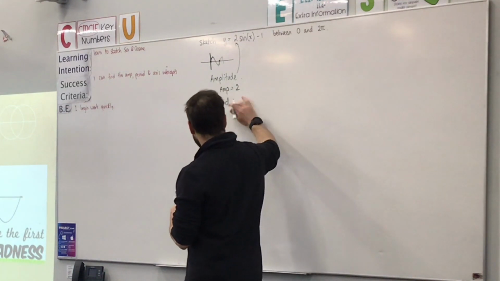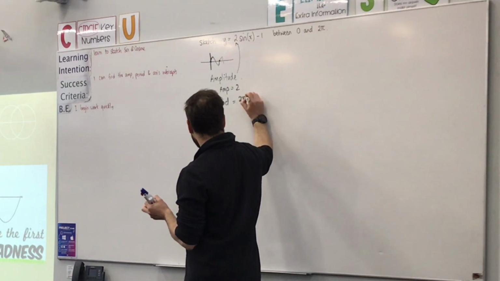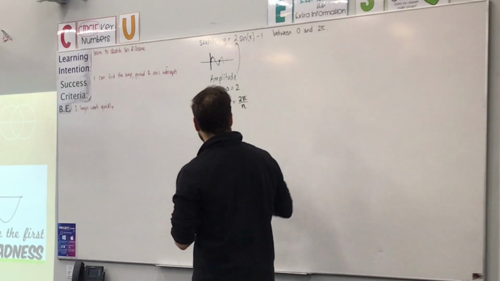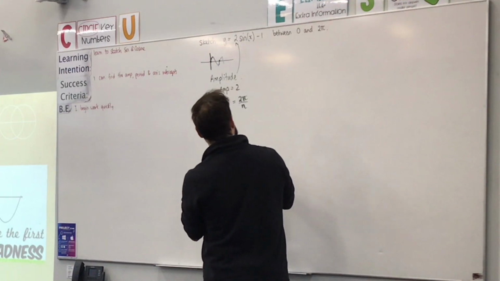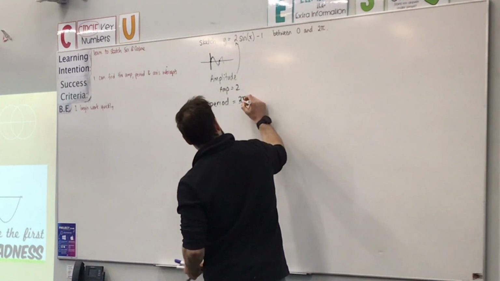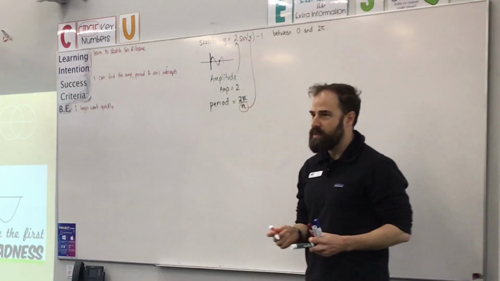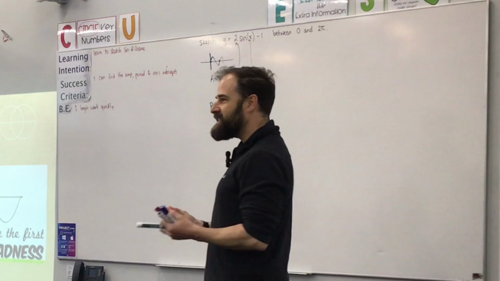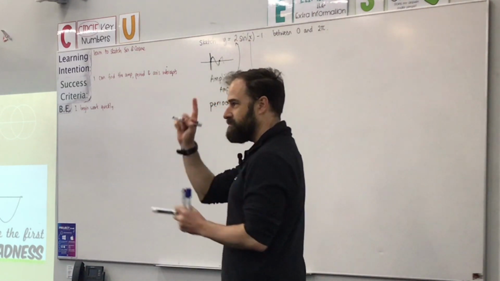The formula for the period of a sine or cosine graph is 2 pi divided by n. And the n value is always the multiple of the variable, or the multiple of x. In this case, what am I multiplying x by in here in the brackets? 1.